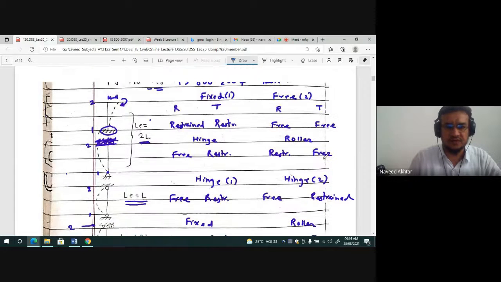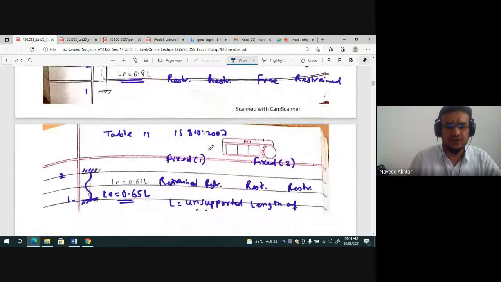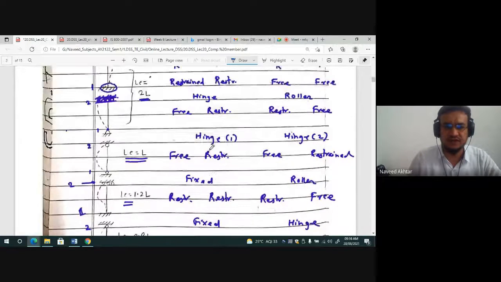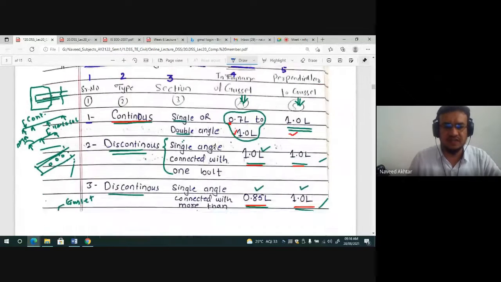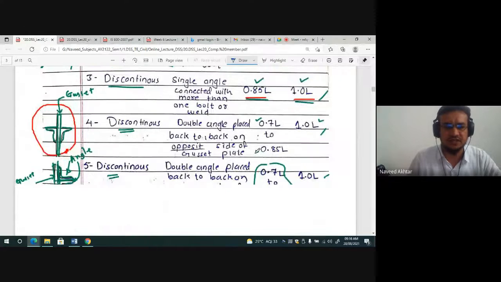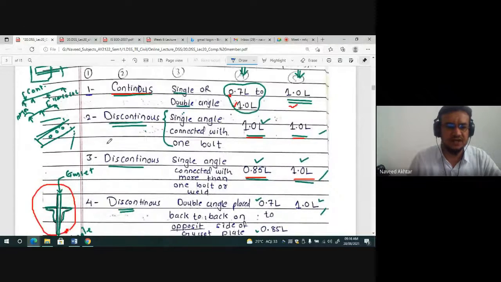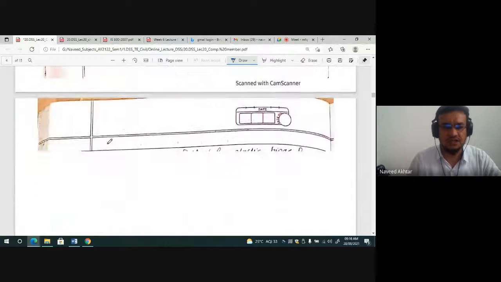So, based on the different end conditions, we have seen the different effective lengths. Also, for the member of truss, what is the effective length in plane of the truss or perpendicular to plane of the truss, with five conditions we have discussed in previous class.